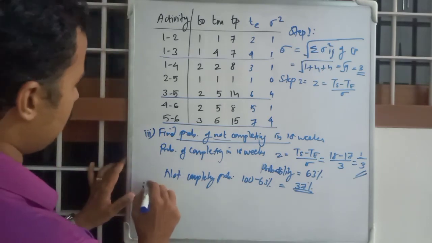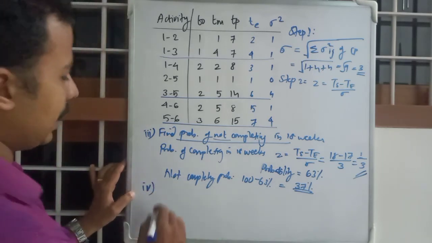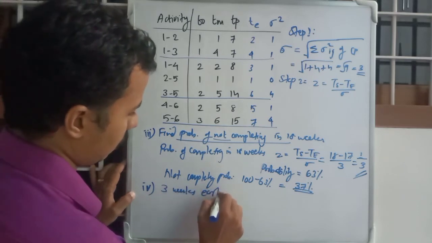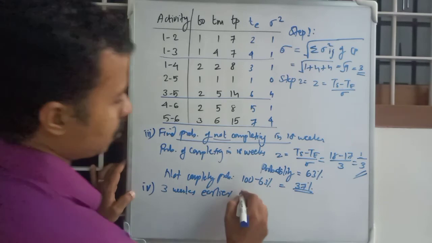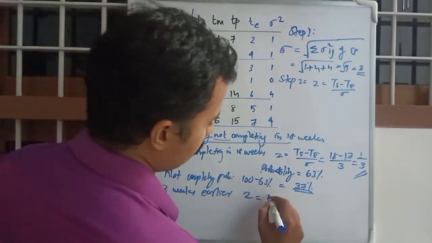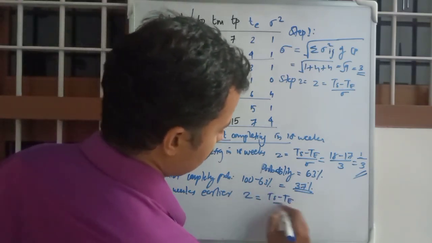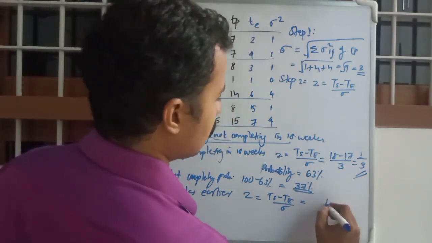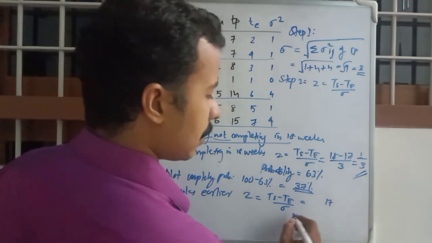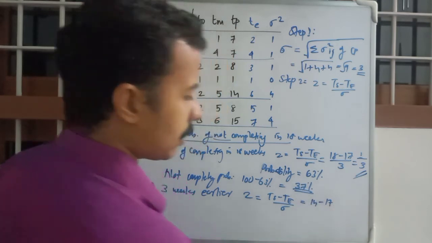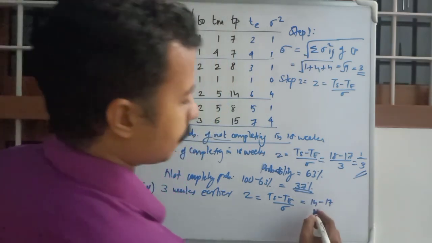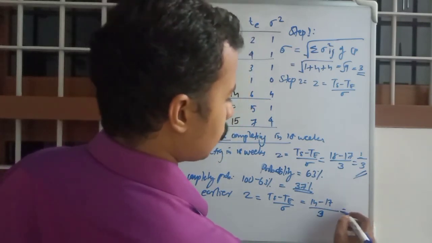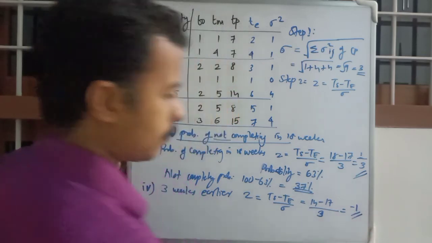And last question, 3 weeks earlier. Right. So Z is equal to Ts minus Te divided by sigma. Te is 17, Ts will be 17 minus 3, that is 14, divided by 3, that is minus 1.